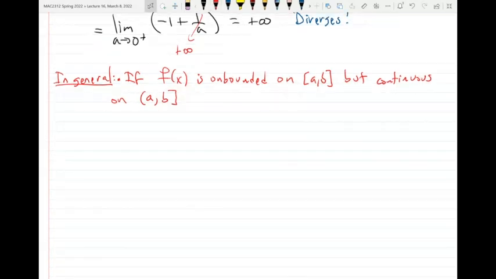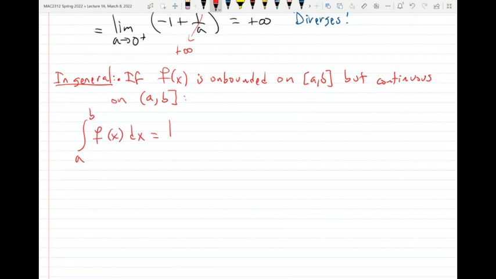So if f of x is unbounded on the closed interval, but continuous on the interval without a, that means the problem is at a. So in that case, the integral from a to b of f of x dx, remember the issue is at a, so this is going to be the limit as, okay, here you have to use another letter.